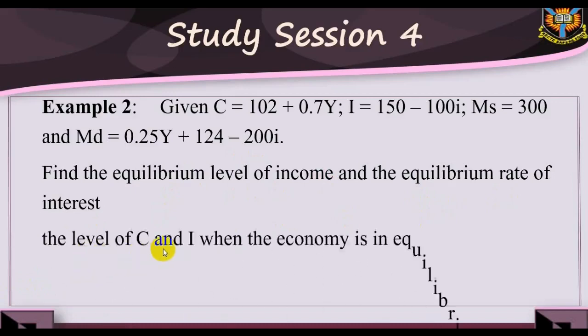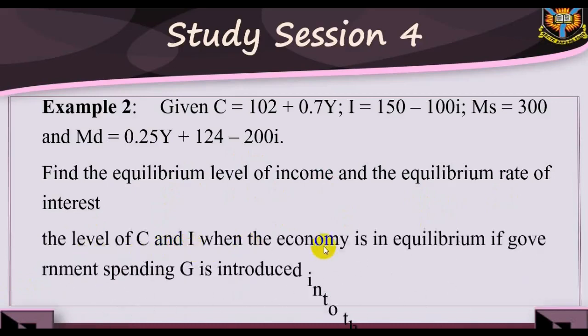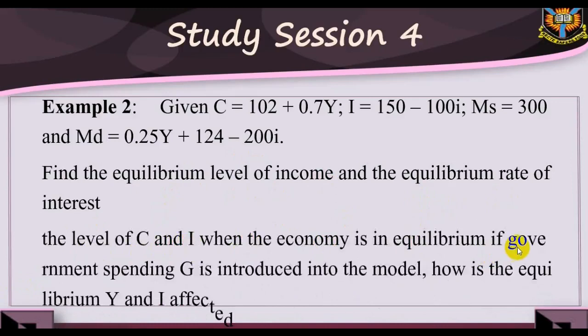B. The level of C and I when the economy is in equilibrium. C. If government spending G is introduced into the model, how is the equilibrium Y and i affected?